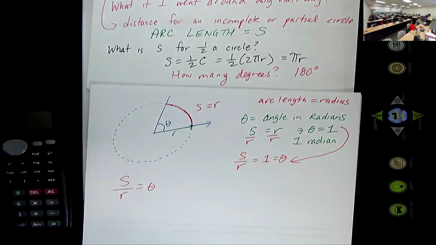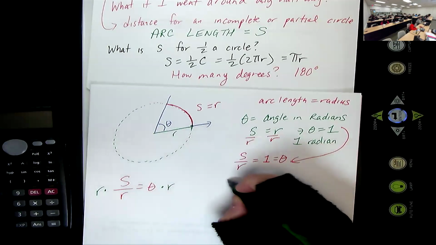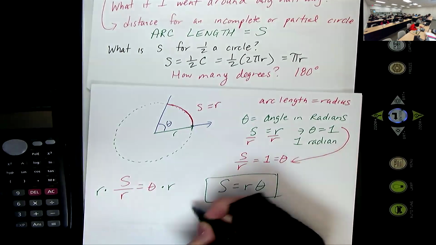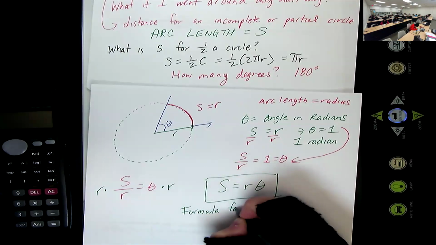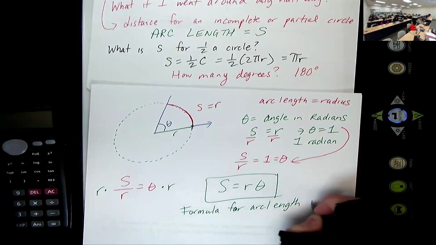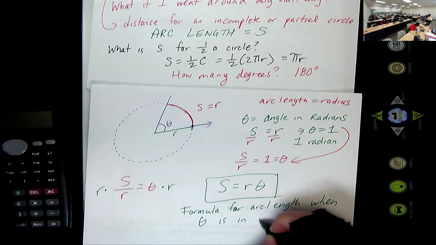And if I clear the fraction, multiply by R again, I get S equals R theta. This is the formula for arc length when theta is in radians.